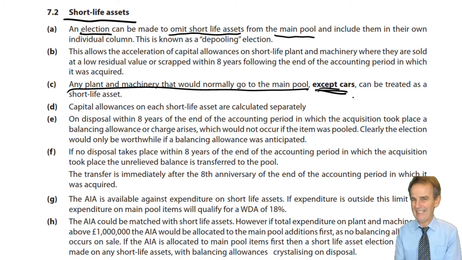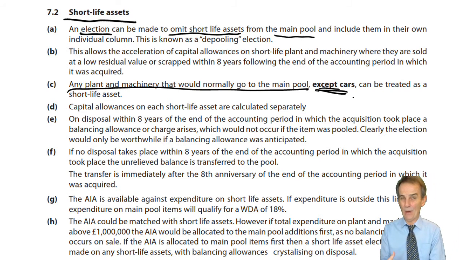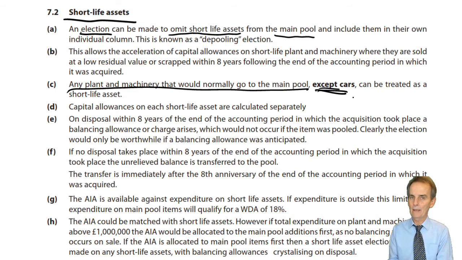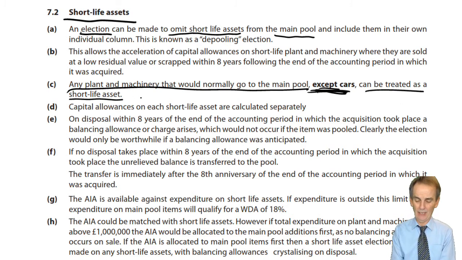Short life. If any asset is going to have within your business a short life, it's probably going to be a car. But we don't get the ability to make a de-pooling election in relation to cars. That's the one exception. Any other assets that would otherwise go to the main pool, you may choose indeed to make such a short life asset election, and it can be treated, therefore, as a short life asset.